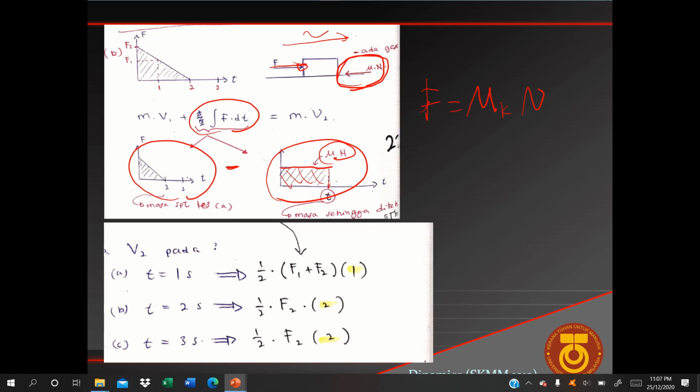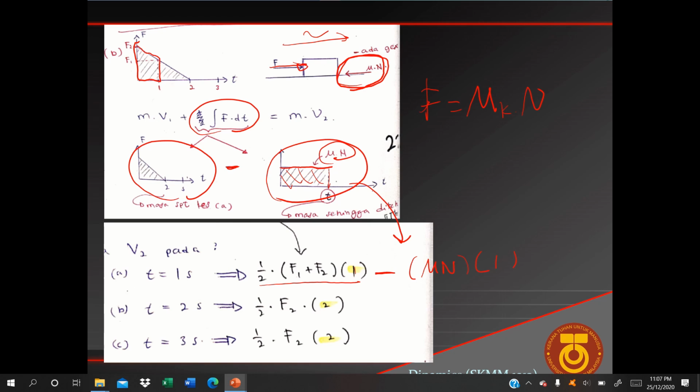So instead of what I showed you before, at 1 second we have the trapezium, so half F1 plus F2 times 1 second, but we have to subtract the friction, which is mu N times 1 second.